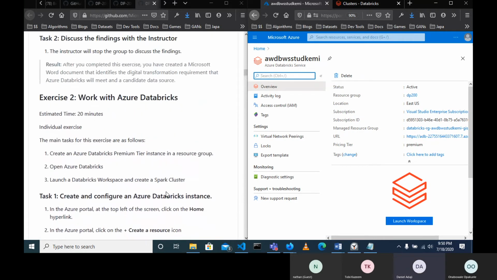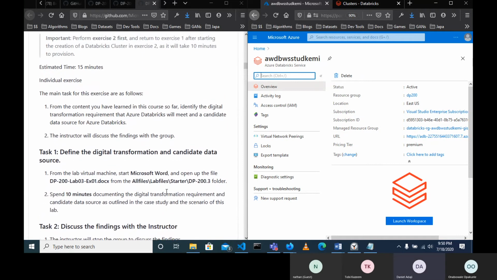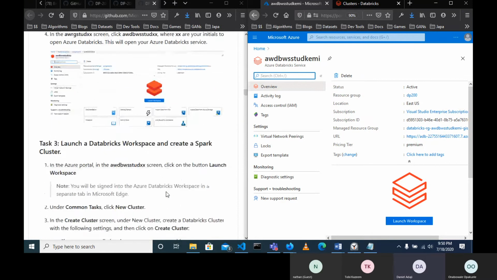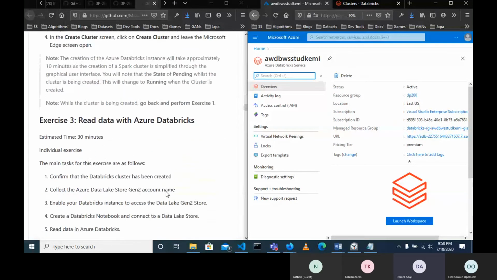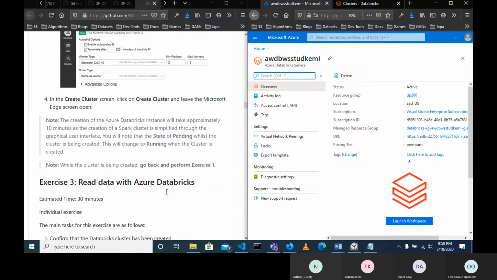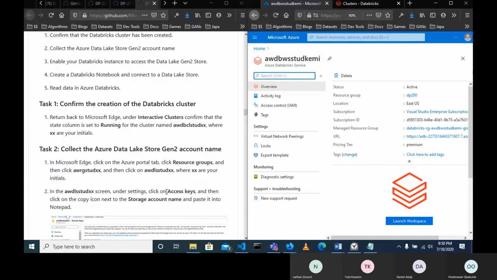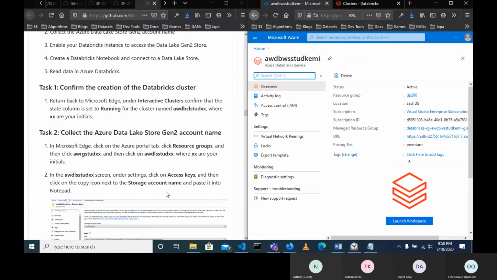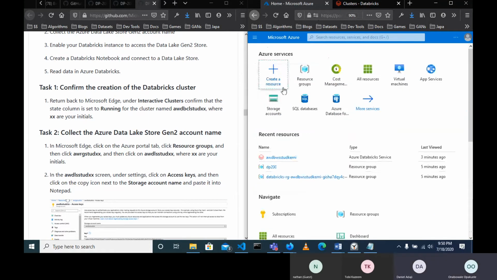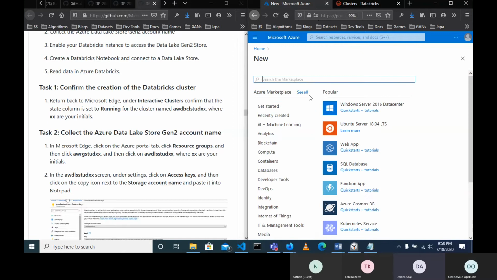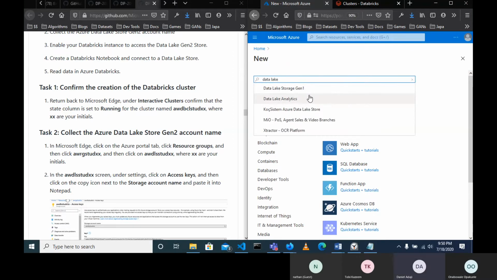Okay, sorry. Please hold on. Except they've made updates to the UI. If not, it's supposed to be the same thing. Let me create a data lake first of all.